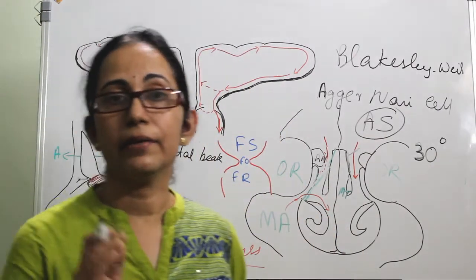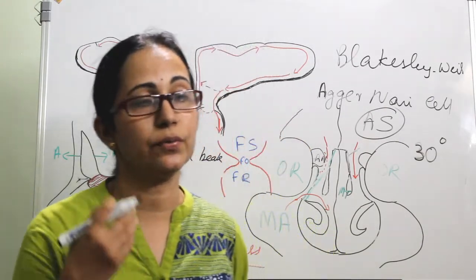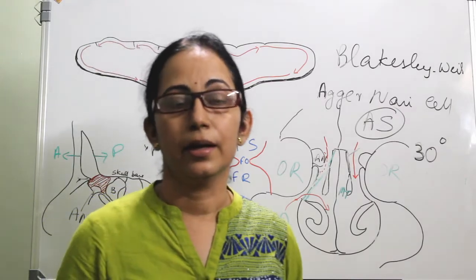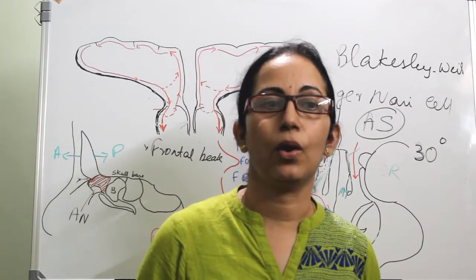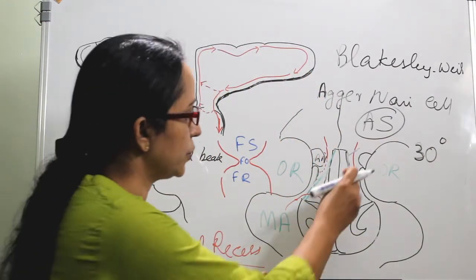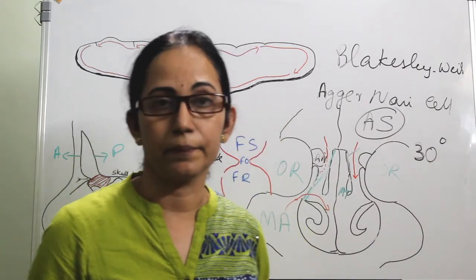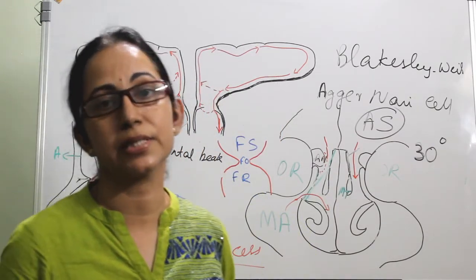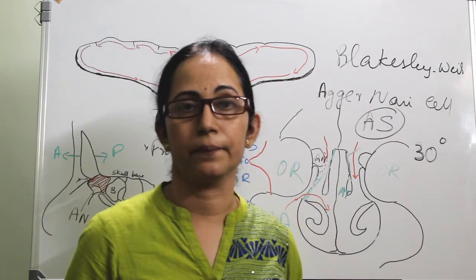And then, even then, there is difficulty in identification, especially in case of repeated surgeries, recurrence of the disease, or there is extensive scarring. Usually we keep the middle turbinate for all surgeries as a landmark. But if there is revision surgery, in many of the cases, this middle turbinate will be lost.